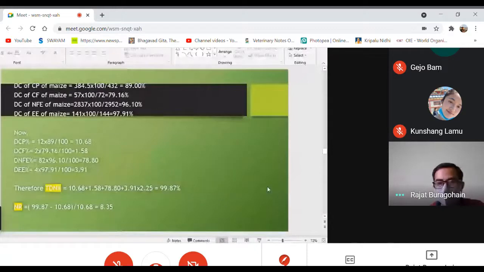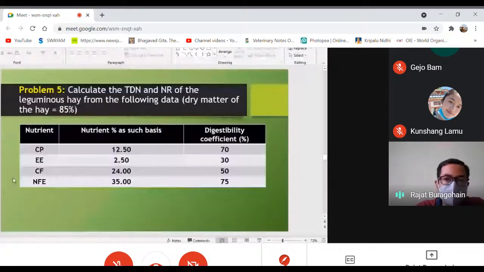Another problem. Calculate the TDN and NR of the leguminous hay from the following data. Diameter of hay is 85%. Here you have to calculate the TDN and nutritive ratio of a leguminous hay.